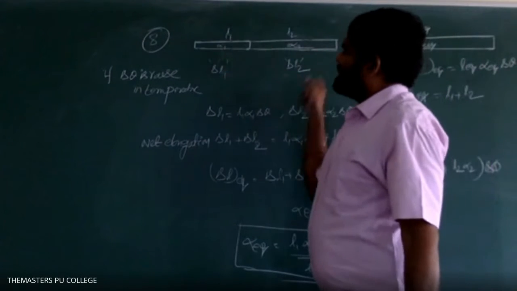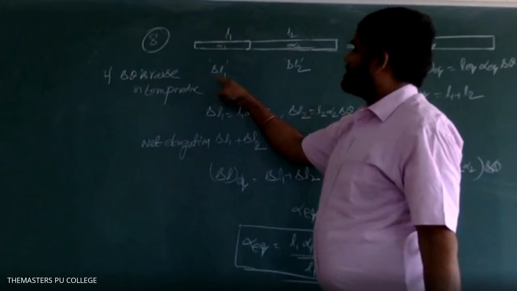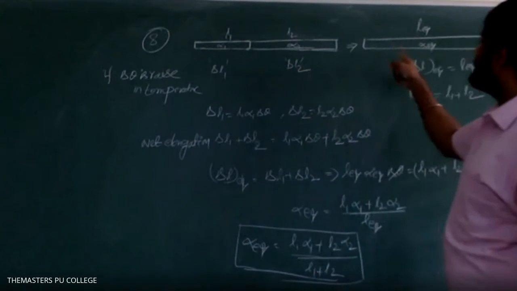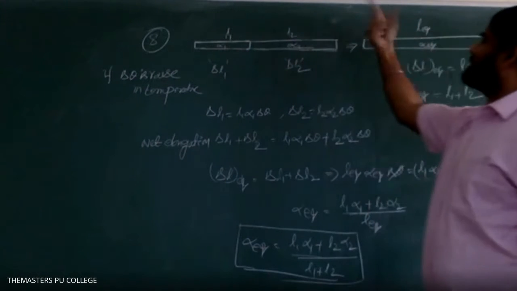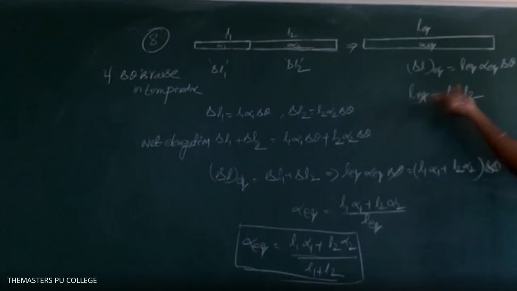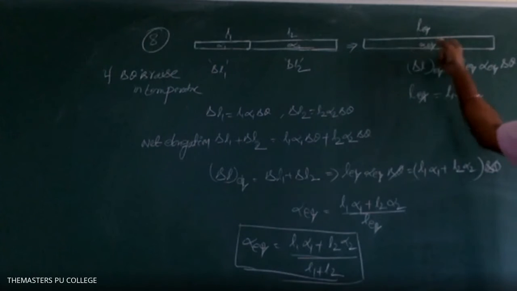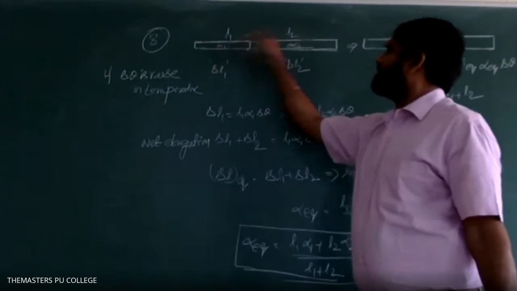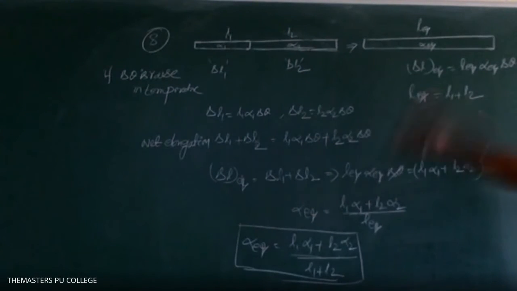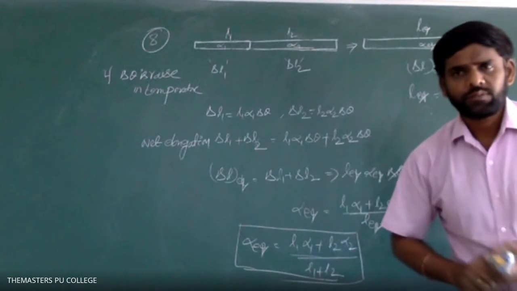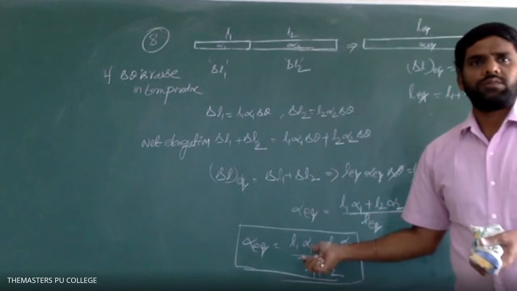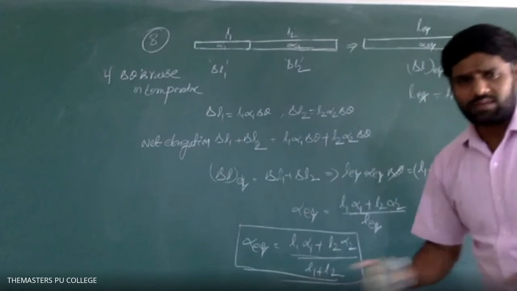The net elongation on this composite bar is delta L1 plus delta L2. The single rod will expand the same as these two rods for the same temperature rise. The equivalent length must be the sum of L1 and L2. According to that we have derived the formula. Got it, students? Yes. So just substitute, you'll get the answer.